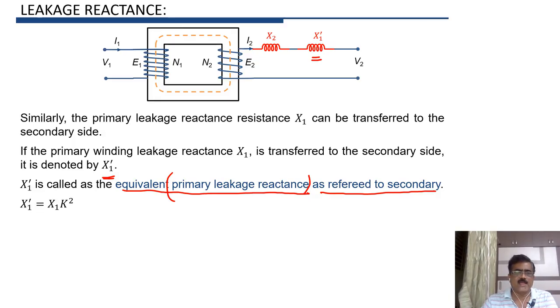And X1 dash is equal to X1 into K square, means when leakage reactance is transferred from primary to secondary, it must be multiplied by K square, and we have already seen the transformation ratio K, which we defined as N2 upon N1.